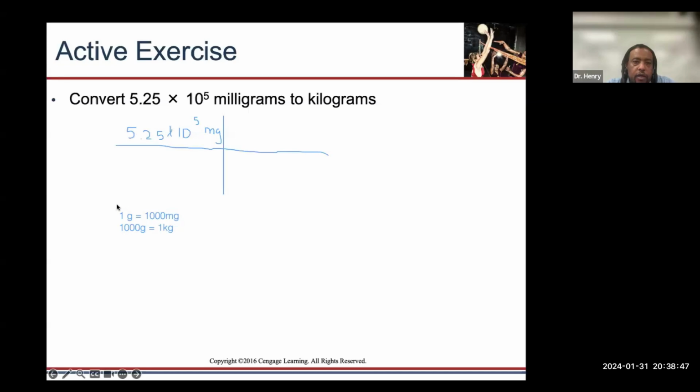So we're going to use those conversions. Since milligrams is here, we want to put milligrams on the bottom. So we're going to go ahead and put our 1,000 milligrams on the bottom, so then those units are able to cancel out, and 1 gram on top.